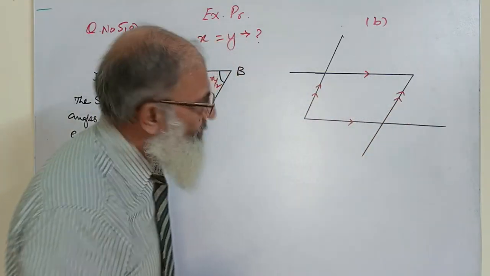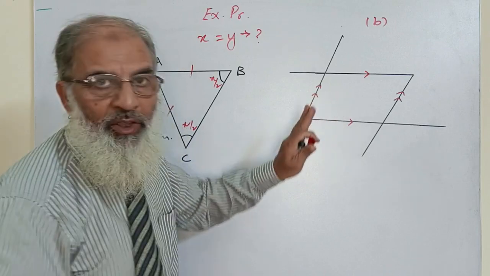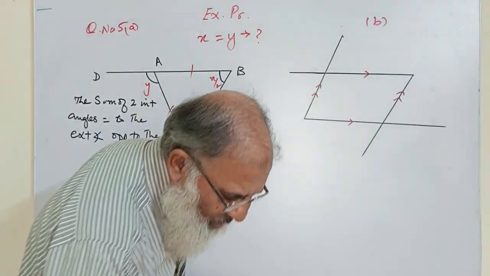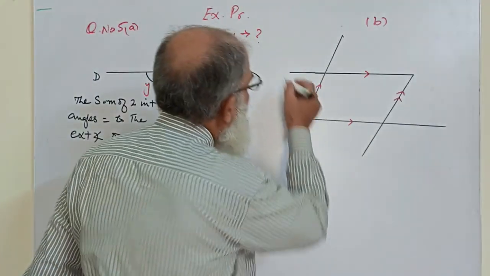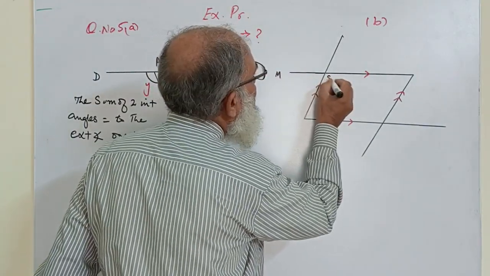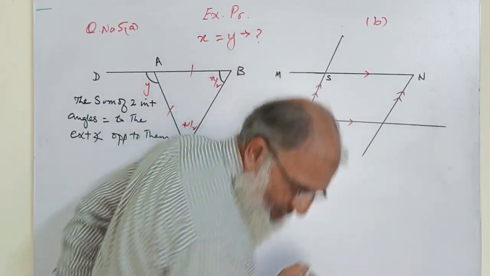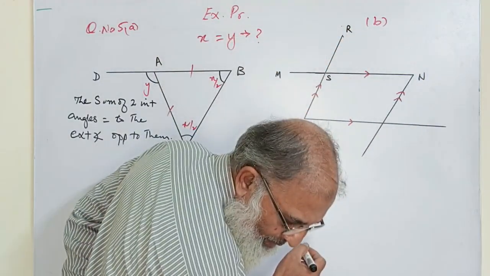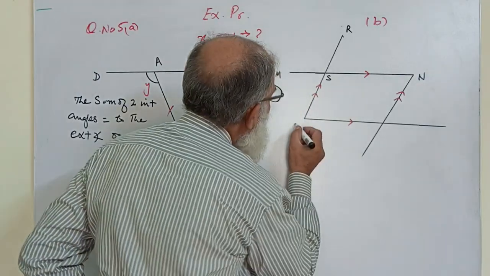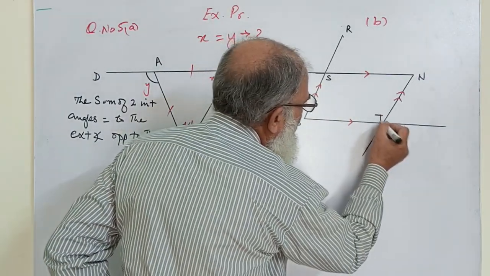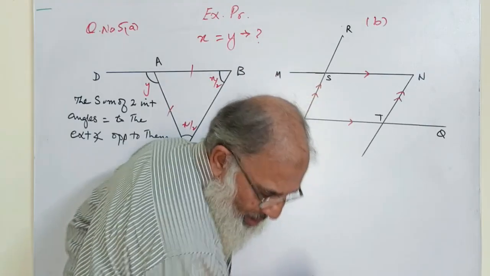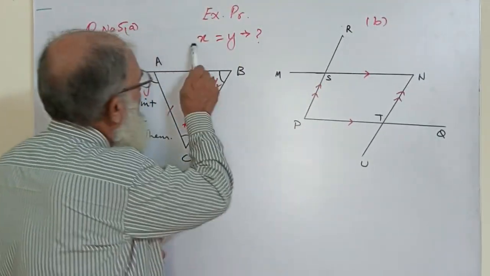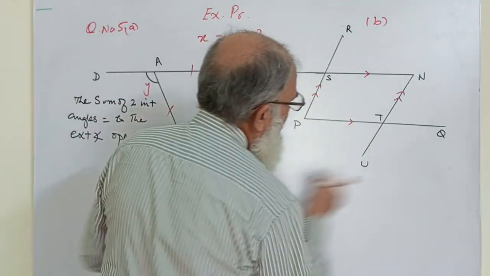Let me consider M, S, N. These are the names given in your book: P, T, Q and U. And the angles x and y are this one.